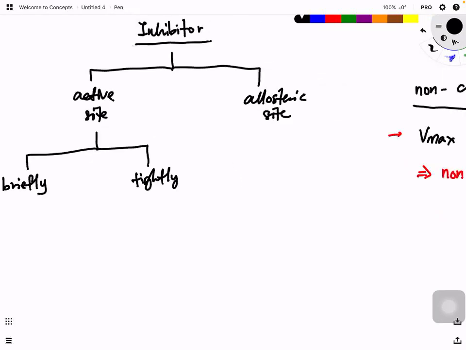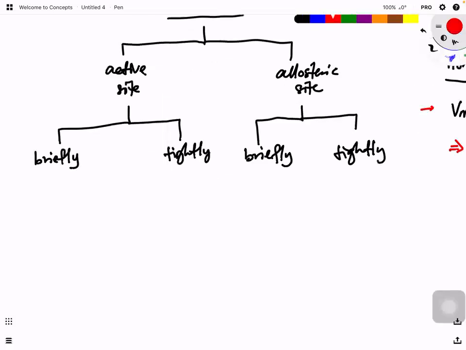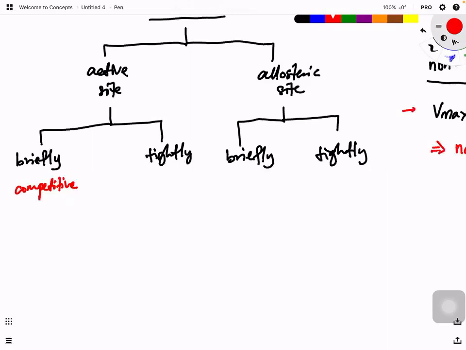The same goes for the allosteric site: it can bind briefly, or it can bind tightly. This is what we looked at yesterday. When you bind briefly to the active site, we call it competitive. Clear enough? When you bind to the active site tightly, we say it's non-competitive. This one is also non-competitive, and this one is also non-competitive. As long as it binds to the allosteric site, it is non-competitive inhibition.